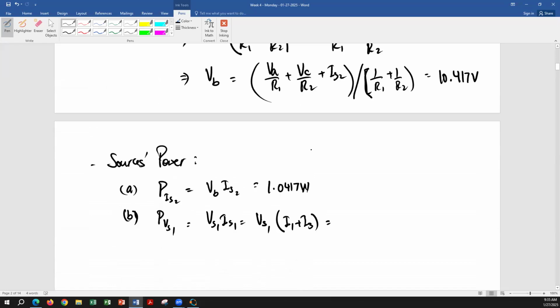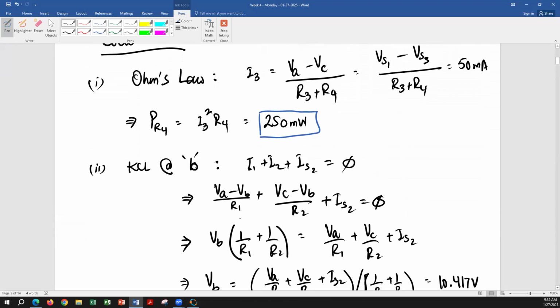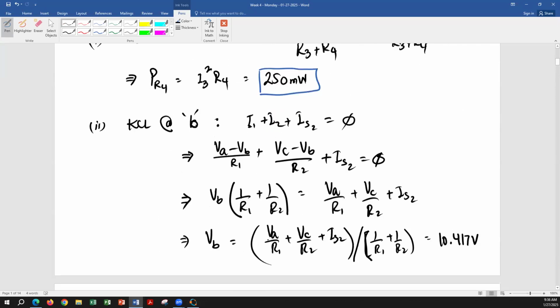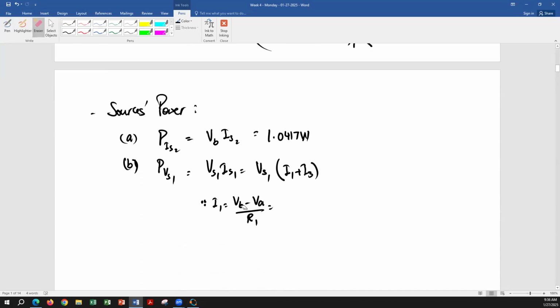All right, and of course I1 is VA minus VB over R1. So I1 is VA minus VB divided by R1.